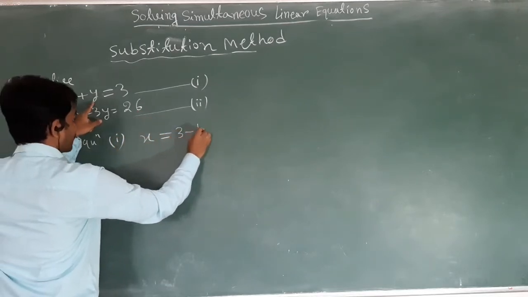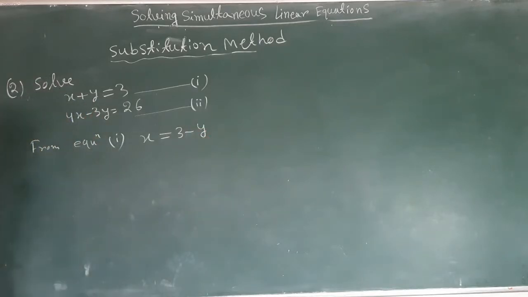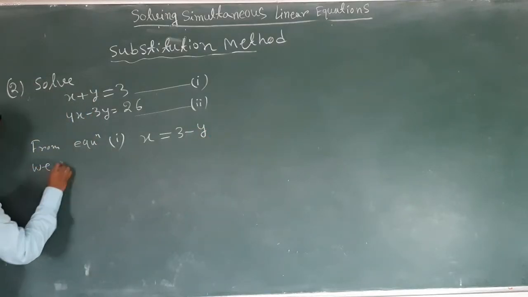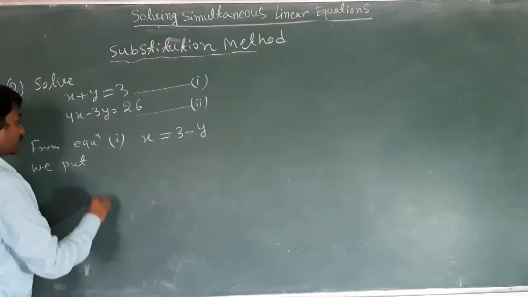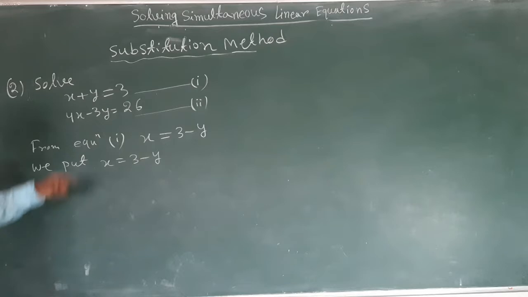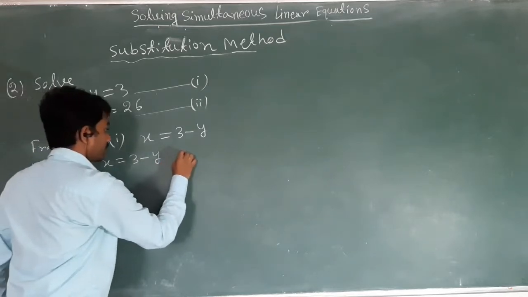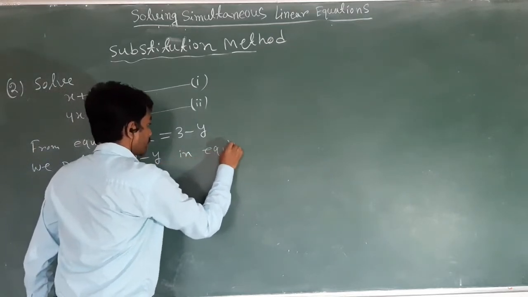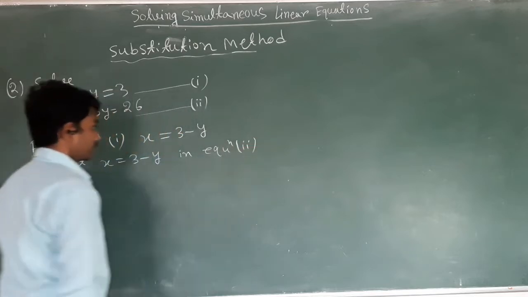So x is 3 minus y. Next we put x equal to 3 minus y in the second equation, in equation 2.